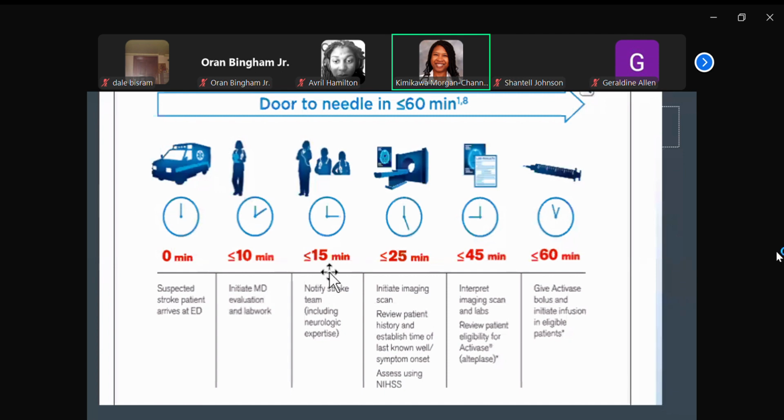So here is an algorithm from Target Stroke Guidelines, which is what every stroke organization across the globe has adopted. The time from when the patient hits the ER room to the time when we can give thrombolytic therapy should be less than 60 minutes.